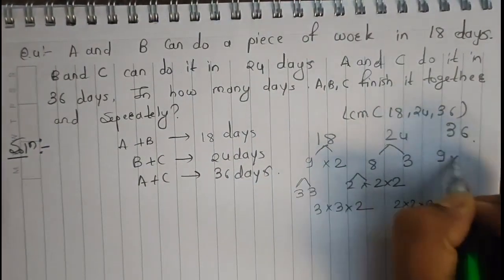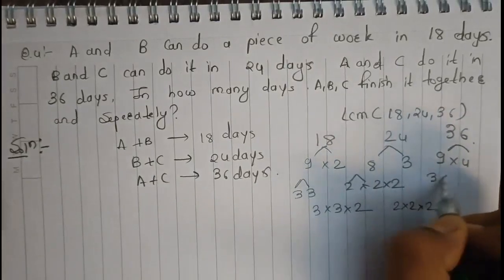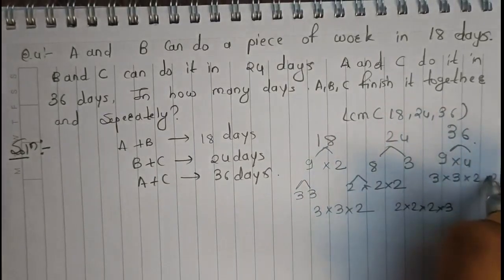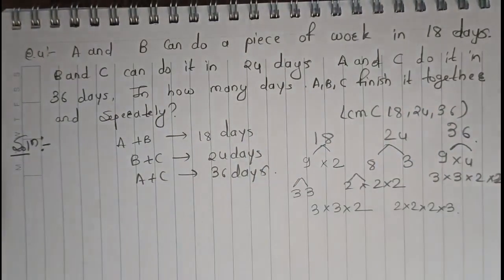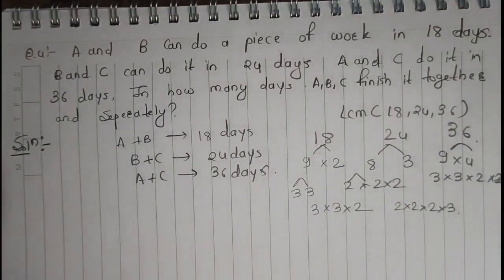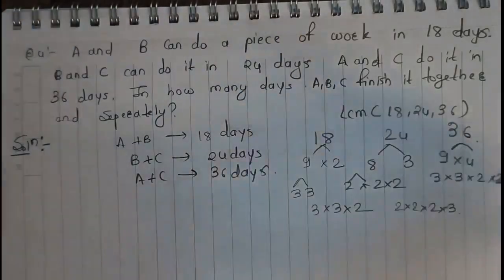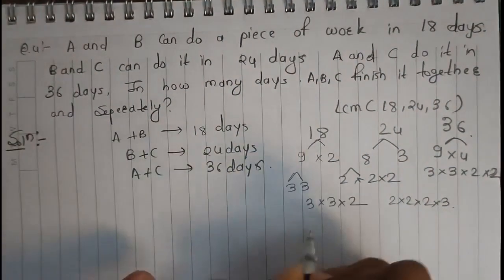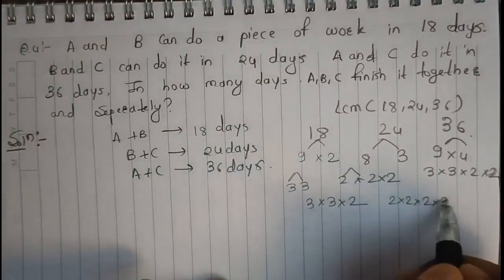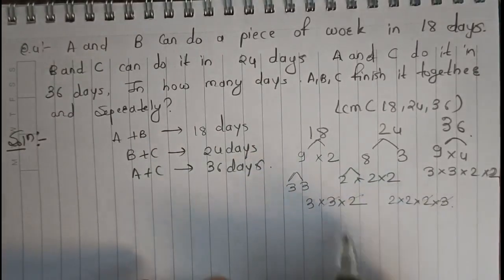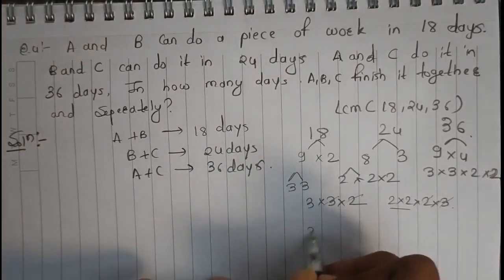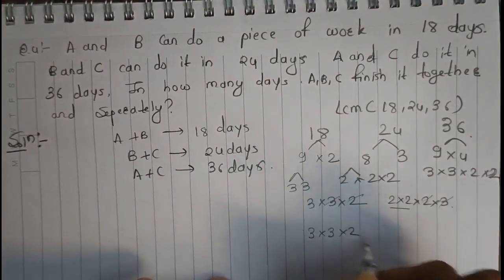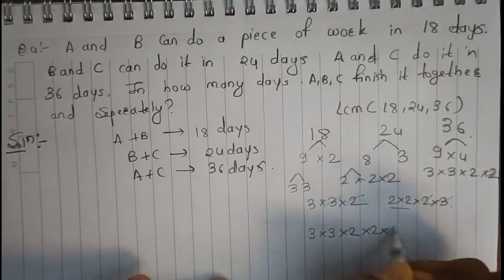For 36 it is 9 into 4, which is 3 into 3 into 2 into 2. Now, as I've already said, first you have to find the common factors and avoid writing those again. So the first number is 3 into 3 into 2, right? As we already have 3 and 2 here, we just need to write the double 2's, so 3 into 3 into 2 into 2 into 2.